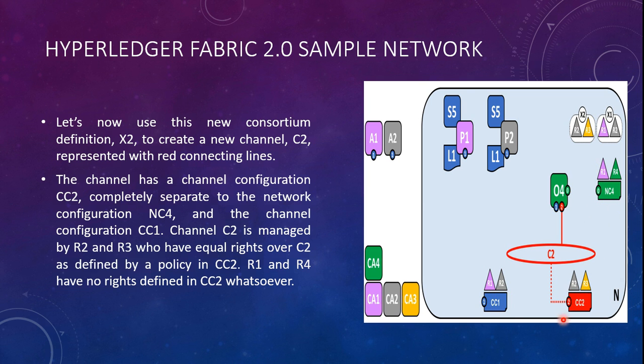NC4 is totally separate from CC2, and the channel configuration CC1 also. Channel C2 is managed by R2 and R3, who have equal rights over channel C2, and is defined by a policy in CC2. R1 and R4 have no rights defined in CC2 whatsoever. CC2 is a private channel between the two organizations R2 and R3 only, which use the same ordering service O4.